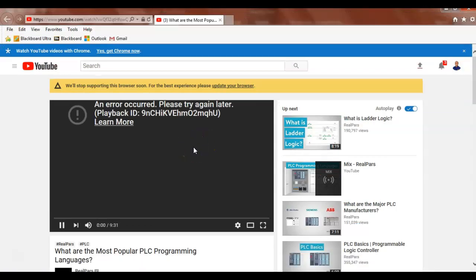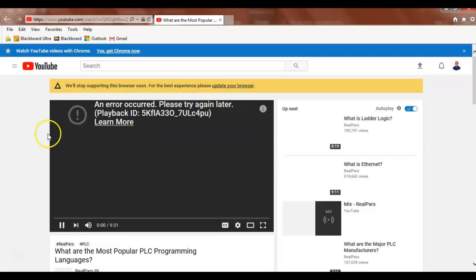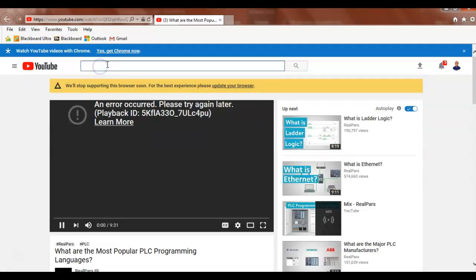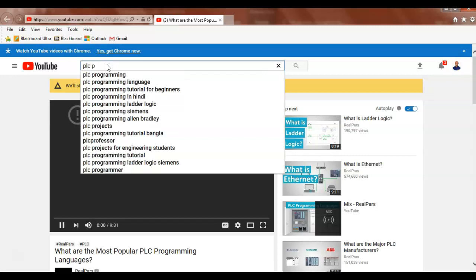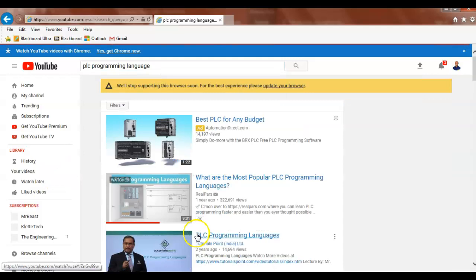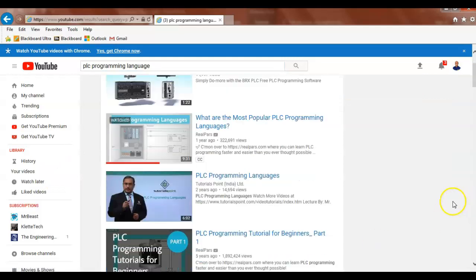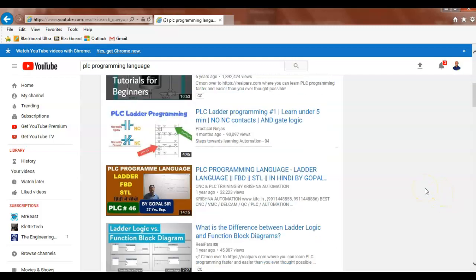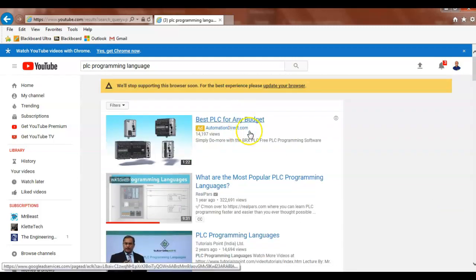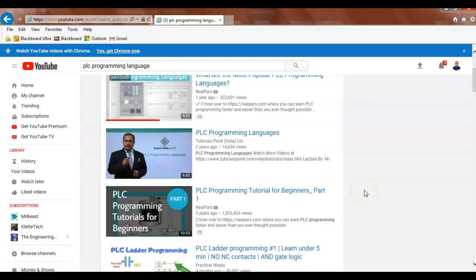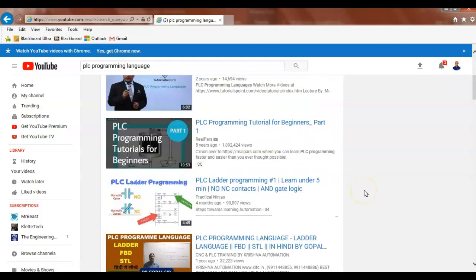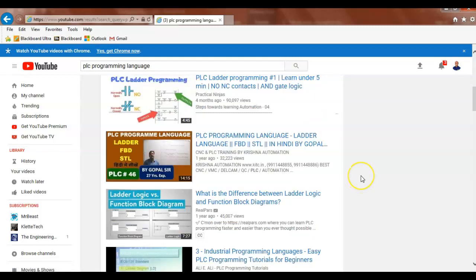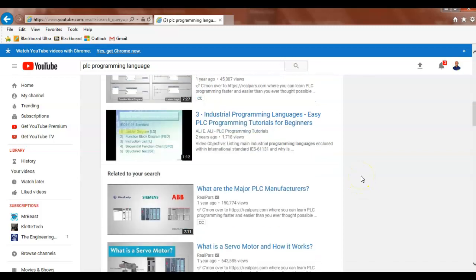I need to find that one. It's laid out really neat.